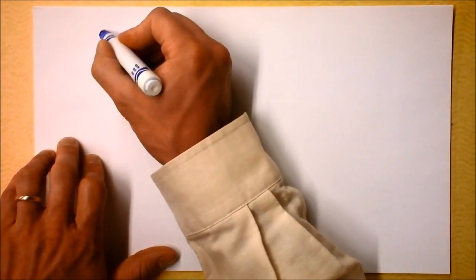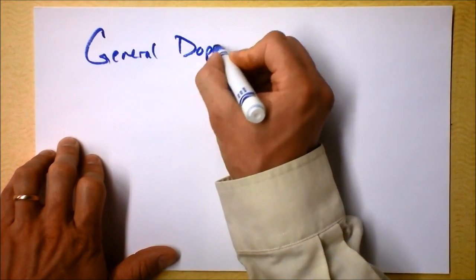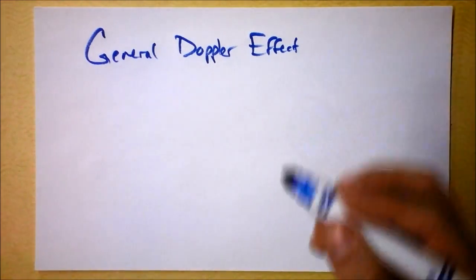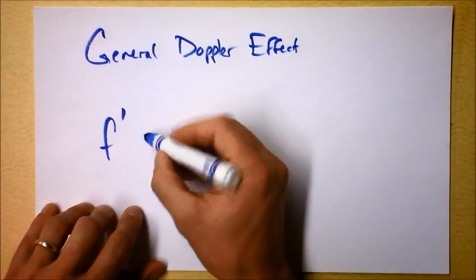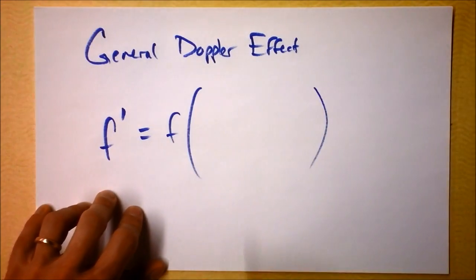What if I take just one more moment and tell you how the frequency changes? We'll say general Doppler effect. To summarize all that we've been seeing with the Doppler effect, I can tell you that the new frequency is the old frequency times some stuff.